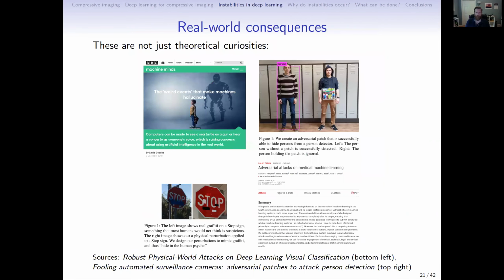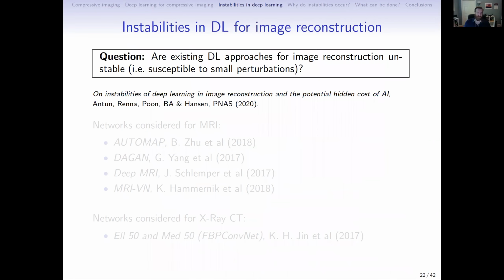Okay, so this is a classification problem. Now let's get back to image reconstruction. A couple of years ago, we thought about this and wondered, could a similar phenomenon occur in image reconstruction? If you have a trained neural network for reconstructing images, could it be the case that if you make a small perturbation to the input, which in this case are your measurements, it can cause a large effect on the output?